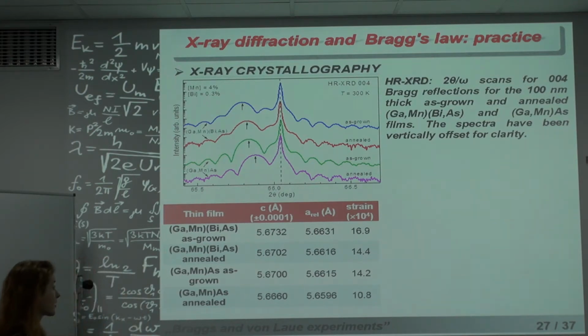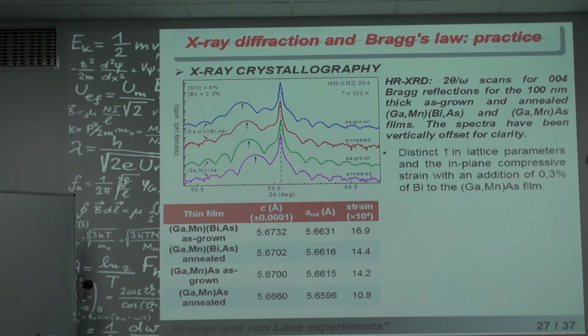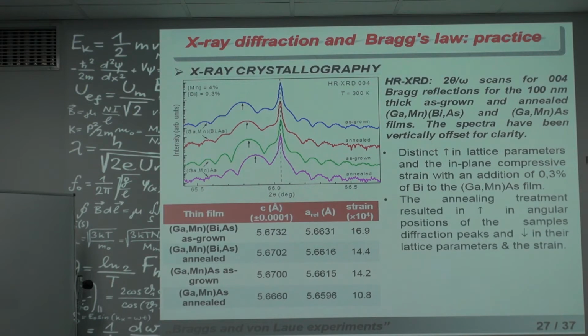Because they are lower and wider, and the angle between the substrate peak and the film peak is quite wide, we may say that the lattice parameters increased with the addition of bismuth, as did the compressive strain, which is also presented in the table below.